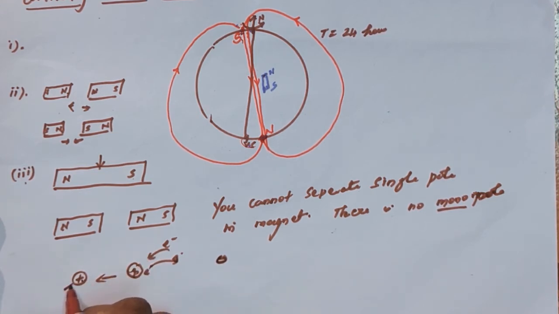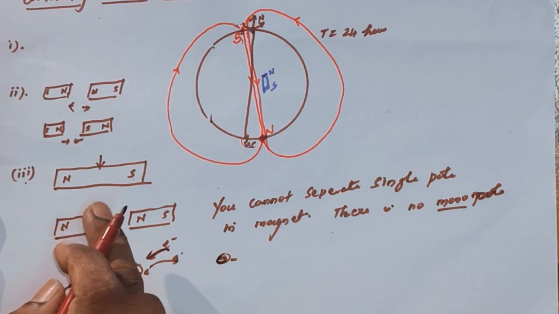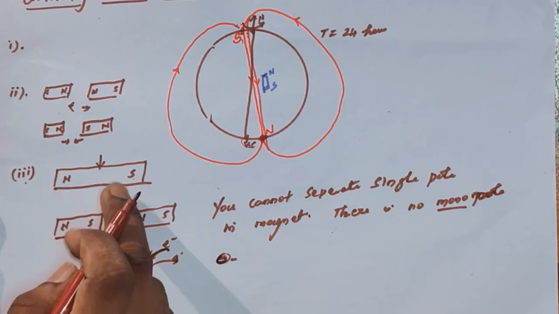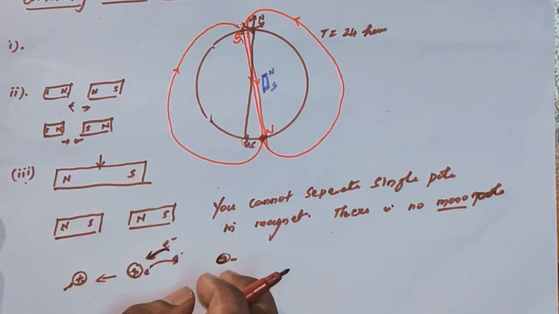That means a single positive charge can be formed in electrostatics, and similarly a single negative charge. But in magnetostatics, you can't separate a single north pole or a single south pole.